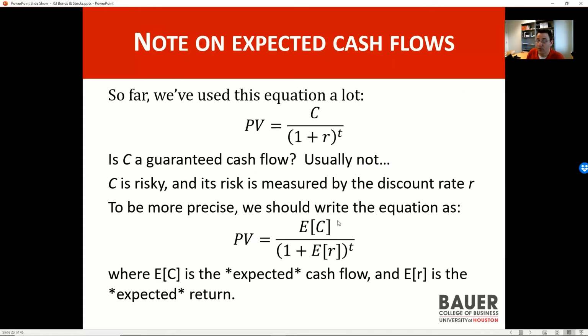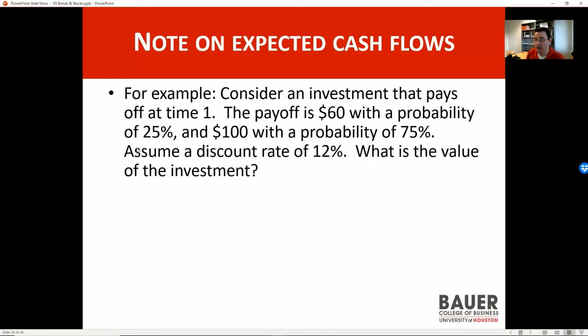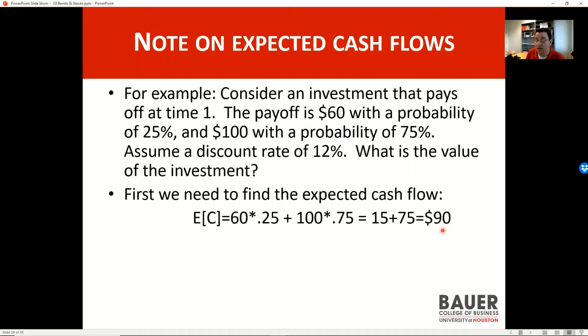Well, we need to first get the expected cash flow. So how much are we expecting? Well, 25% of the time we're going to get 60, 75% of the time we're going to get 100. So the expected cash flow is going to be 90. We're never going to get 90, but that's what we expect to get.